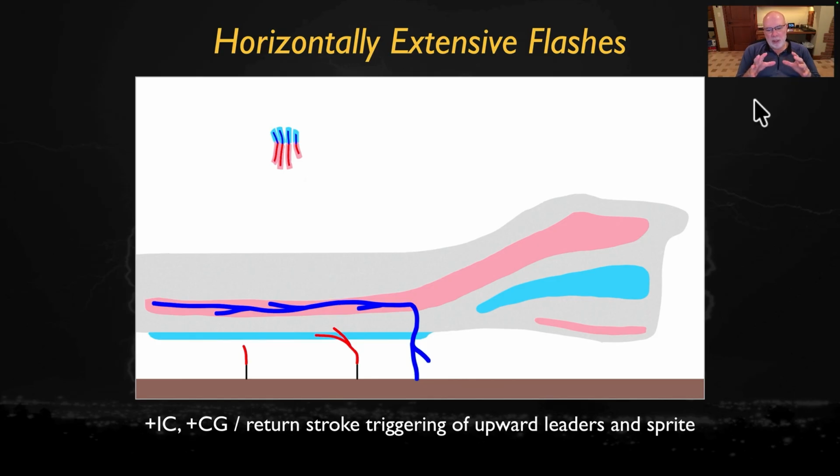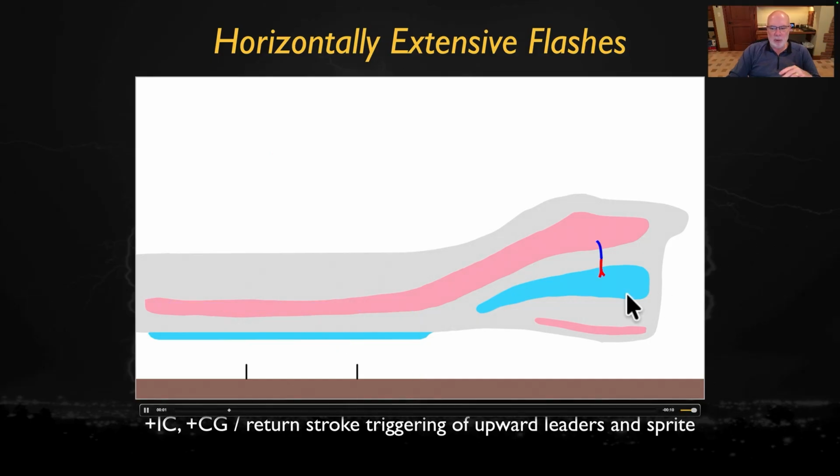So again, if we consider horizontally extensive flashes, these are the flashes that not only can initiate upward leaders from tall objects, but they can also initiate sprites. And again, it could be the same mechanism, the positive CG return stroke, that is the driver behind the initiation of the sprite.